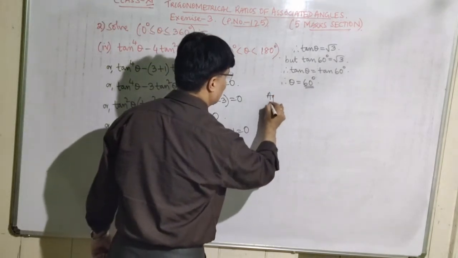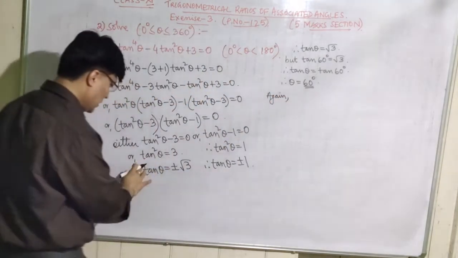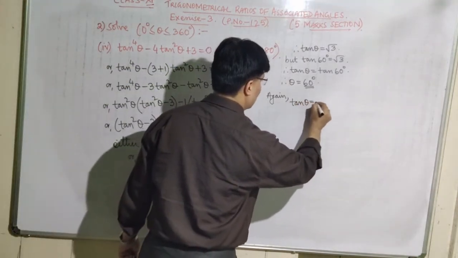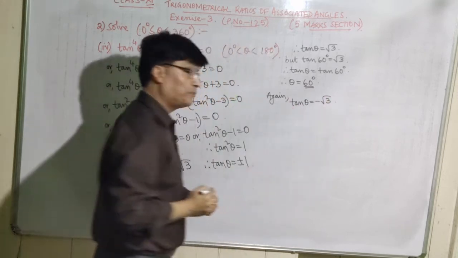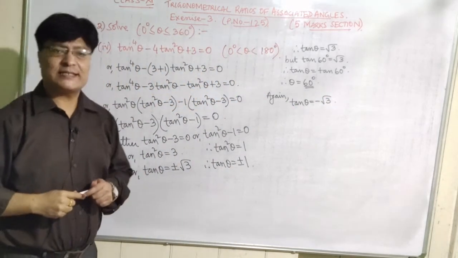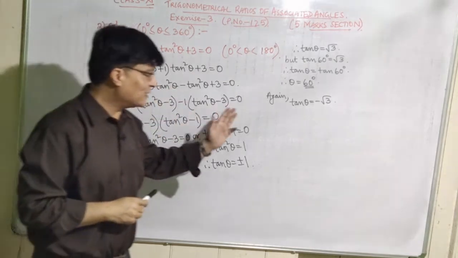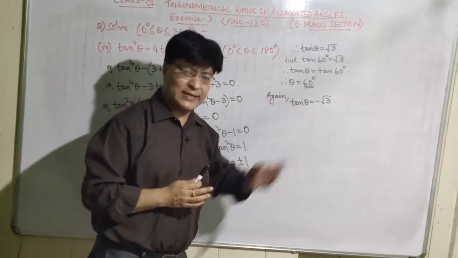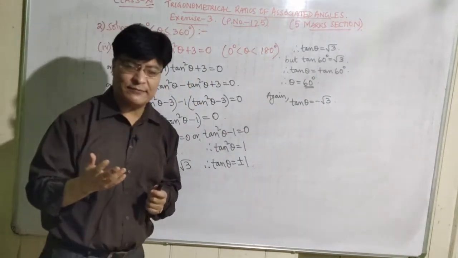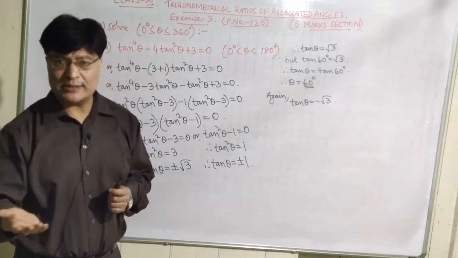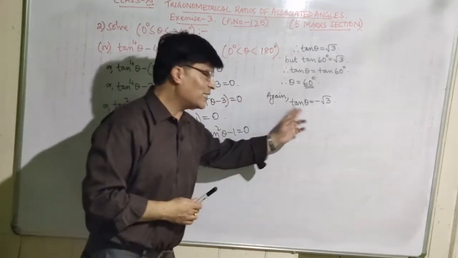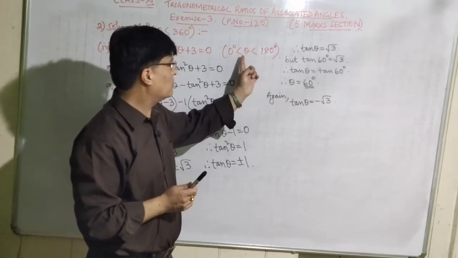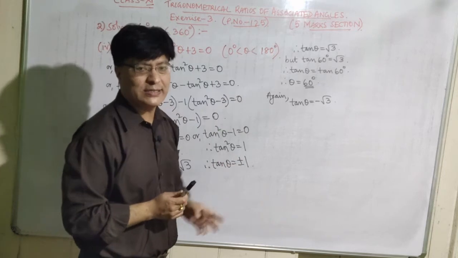Again, let us take the negative sign. Let us take tan theta is equal to minus root 3. Let us get the value for theta. Here also tan theta is negative. In which quadrant is tan theta negative? In the second quadrant as well as in the fourth quadrant. But you cannot get the angle in the fourth quadrant because in the question the condition is given that theta lies within 0 degree and 180 degree only.